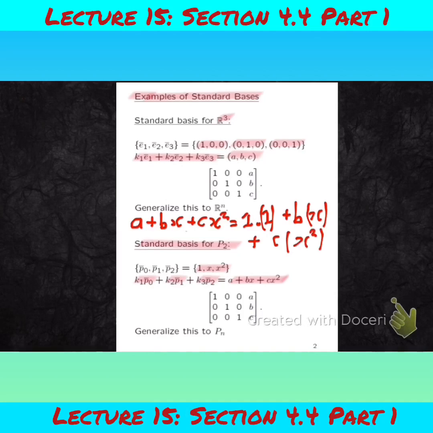So there I've just demonstrated that I can write the polynomial a + bx + cx squared as a linear combination of the vectors in S.